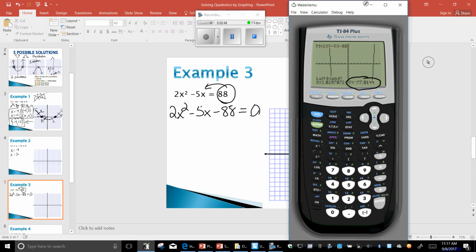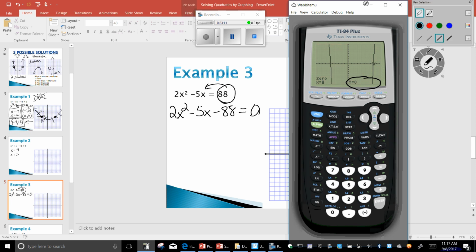So you can see that I'm working my way back towards 0. And if you keep hitting your right arrow, it'll eventually come up. And there he is. So where's left bound? Left bound of this point would be on the left side. That would be below. Right bound is going to be above. Click enter. And you get 8.